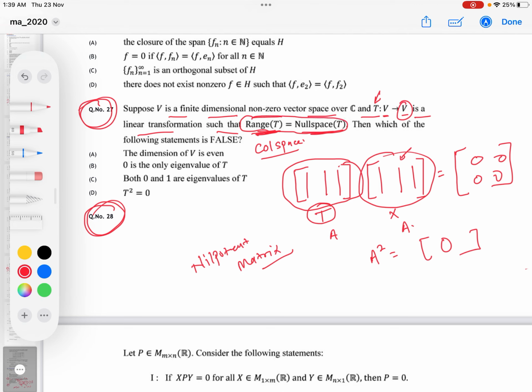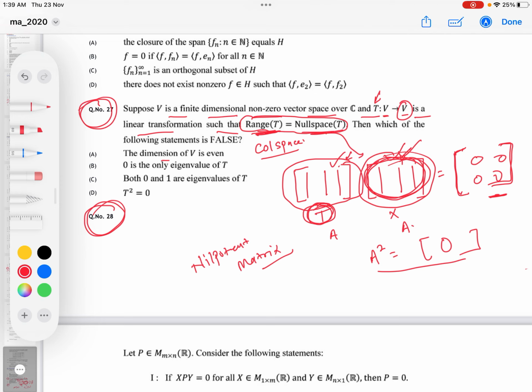This relation is saying that these two matrices are the same, and since this is a null space, if T is transforming this matrix, then what you are getting is the zero matrix, right? And according to this relation, these two matrices will be the same. So A square is equal to 0. Now look at the statements.